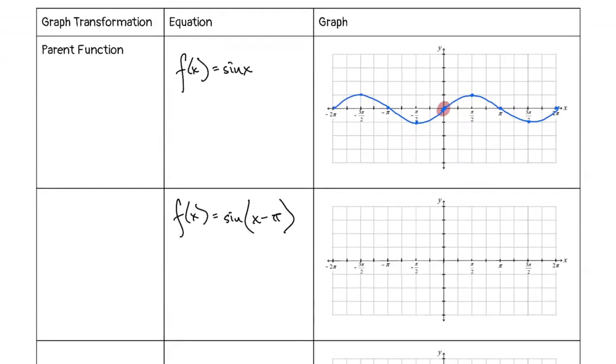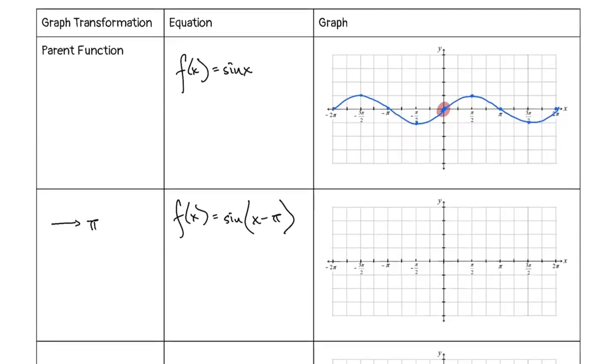It does shift to the right pi. Perfect. All right. And now we start with that center point. Okay. So we're going to move that center point to the right pi.